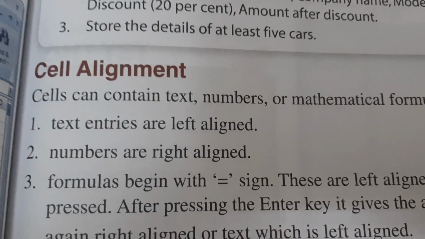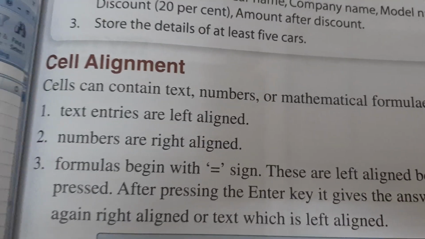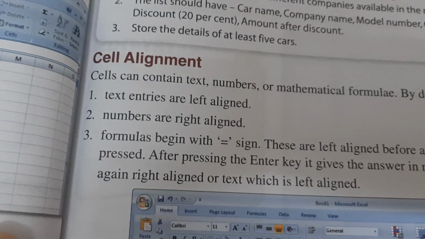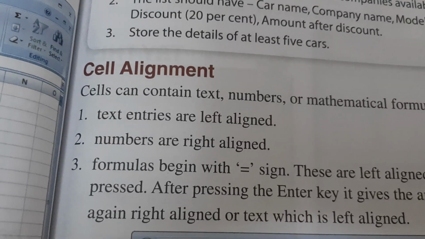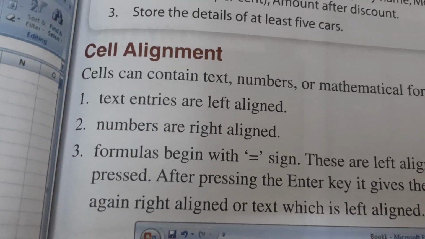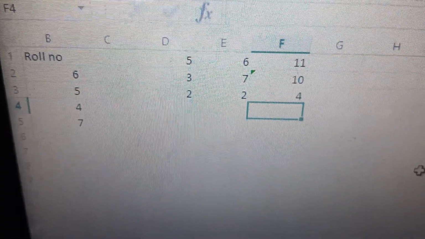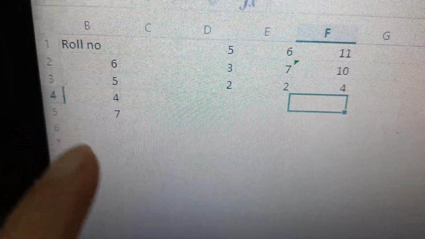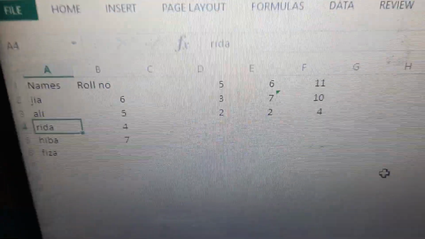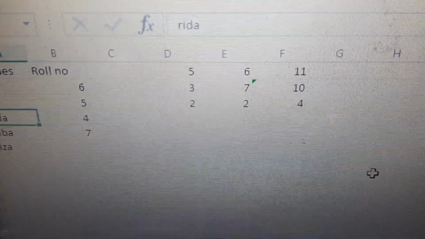Next is cell alignment. A cell can contain text, numbers or mathematical formulae. By default, text entries are left aligned, numbers are right aligned. Students, as you can see here, roll numbers are numbers which are right aligned, means it is on the right side of the cell, and names are text which are left aligned.